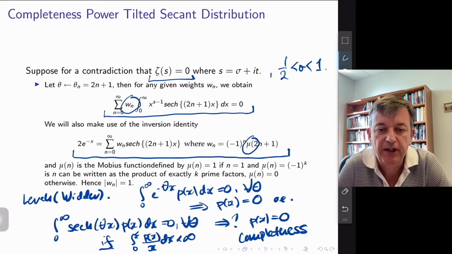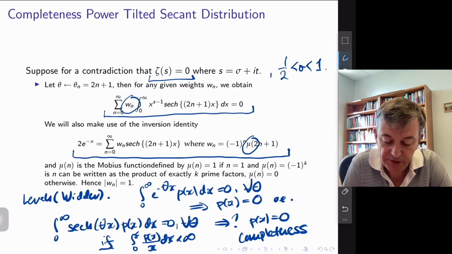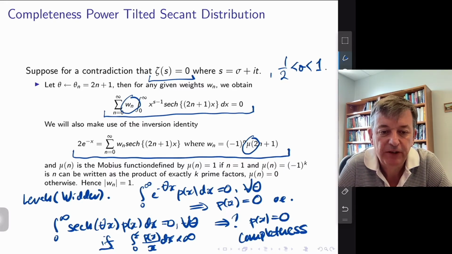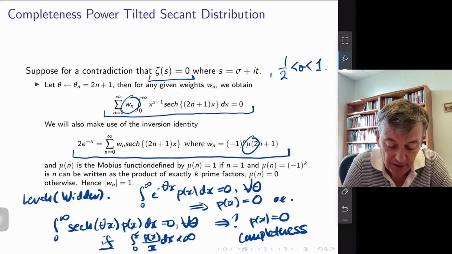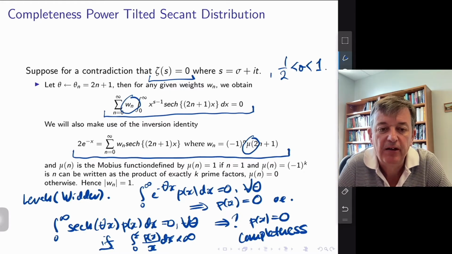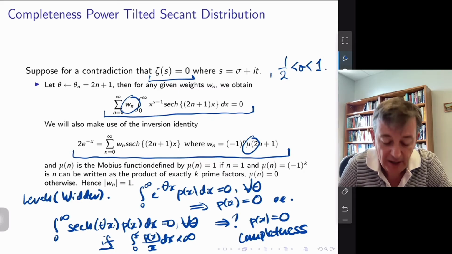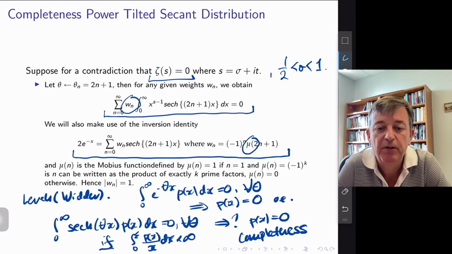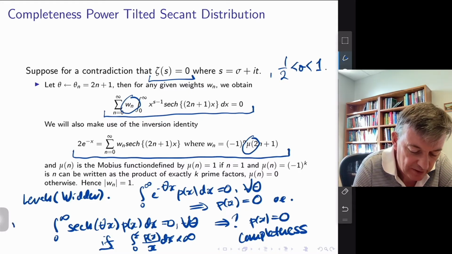So this is a rather interesting result. We know completeness of the exponential function. You'll see in a minute we know completeness of the hyperbolic secant function as long as P of x over x is integrable at the origin. And this is an interesting result by Lai and David Veer-Jones, I think around about 1978.